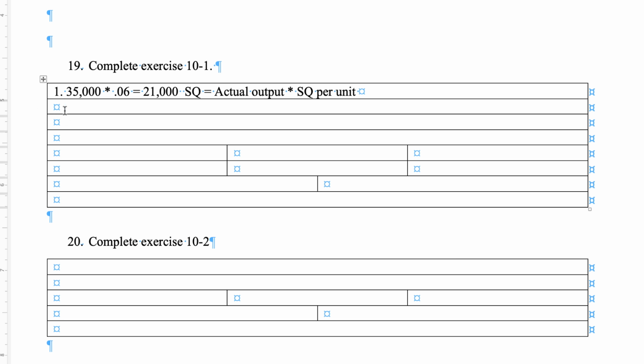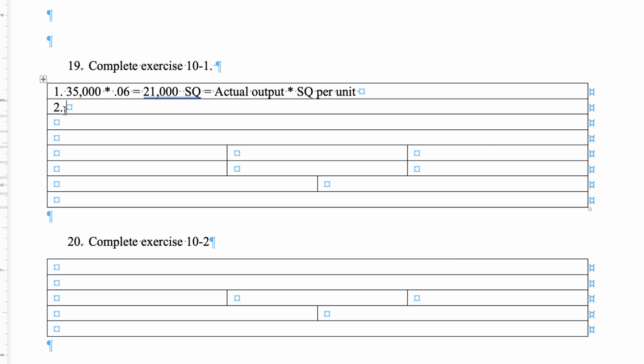Okay, so let's look at the second one. It says, what is the standard material cost allowed to make 35,000 helmets? Right off the bat, we need to know the standard quantity in kilograms that's allowed, and the standard cost per kilogram.